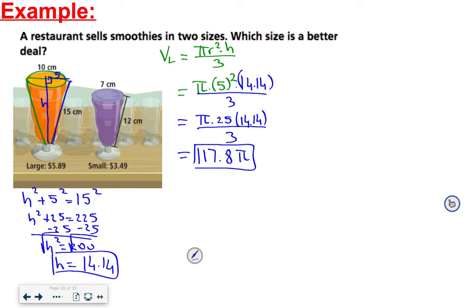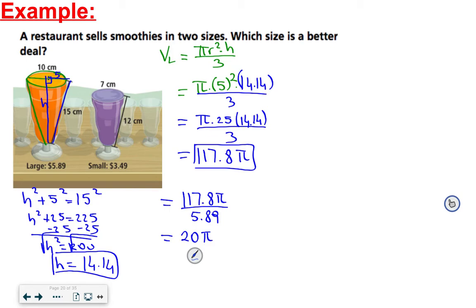When you divide this by the price, you will get the volume per dollar. 117.8 pi divided by 5.89, you will get 20 pi.